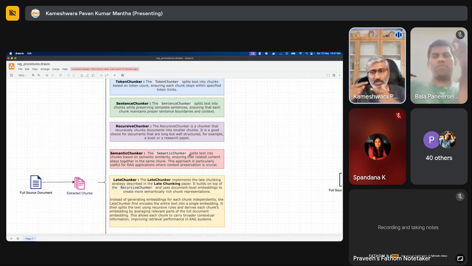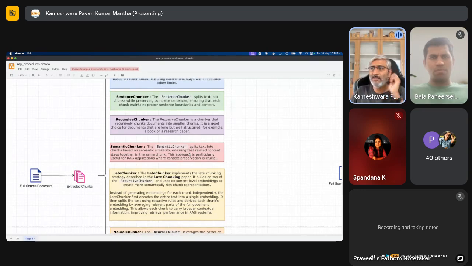It goes into recursive loops to check how many chunks I have to produce based on some of the parameters that you pass, like the chunking rules, or document sizes, the number of characters. There are a couple of things that you pass in, and based on that it will take a decision on where to chunk and how best to do it. Then comes the semantic chunker.